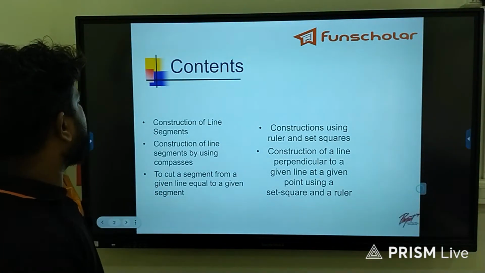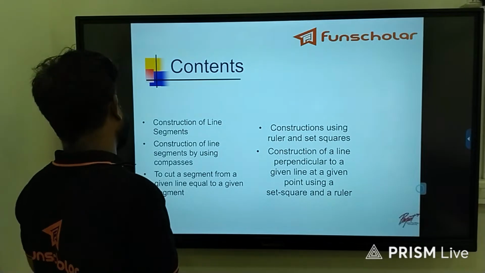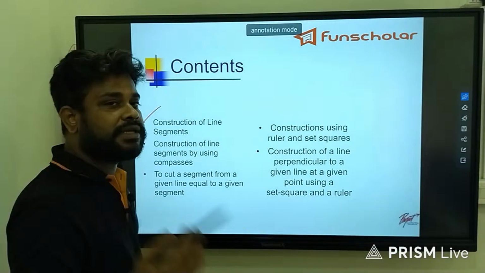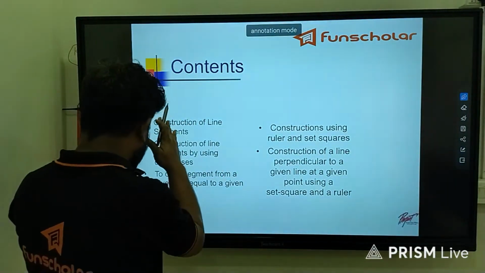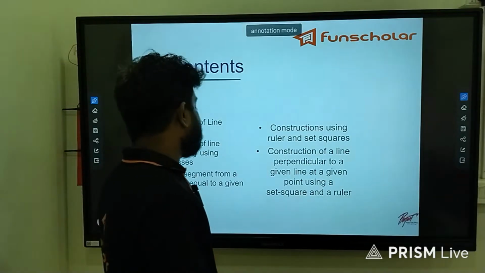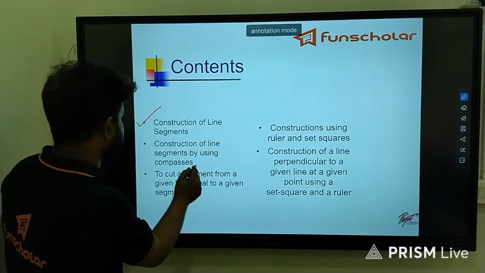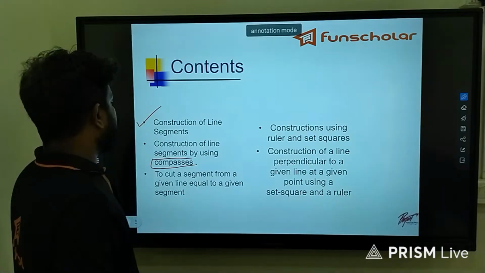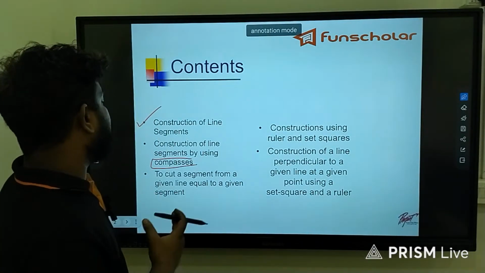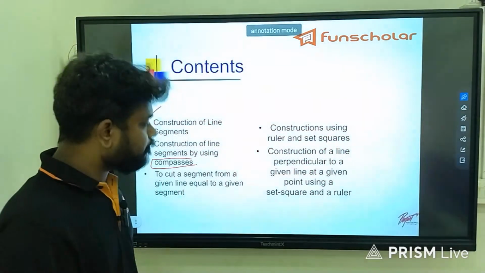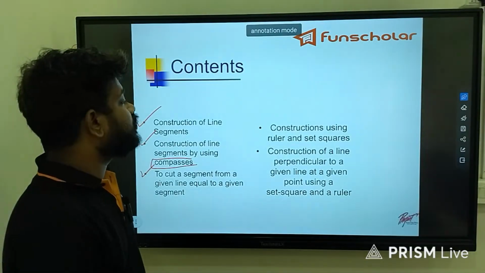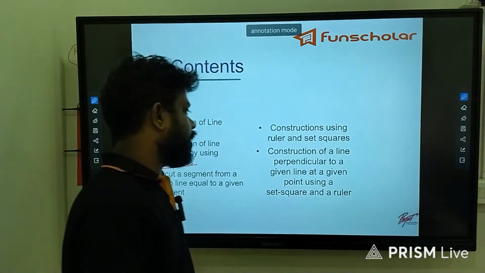Okay, so contents: construction of line segment. Obviously, how can we construct line segments? We will have to learn from this chapter. Construction of line segments by using compasses, and to cut a segment from a given line equal to a given segment. We will learn this here. Constructions using ruler and set square.